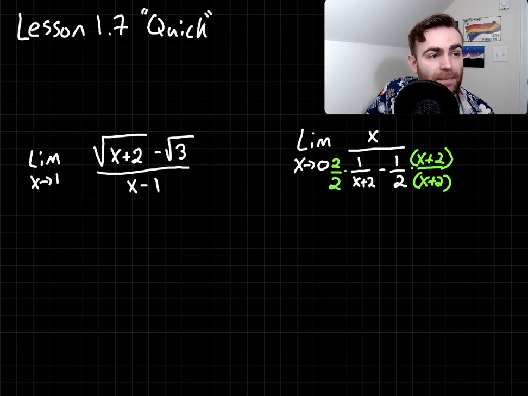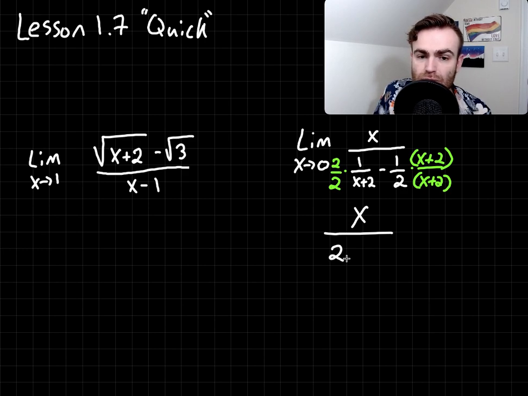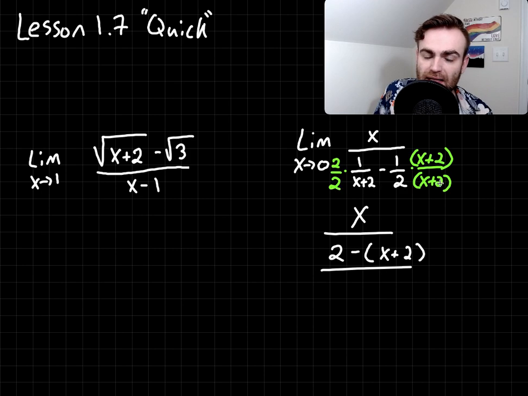And what happens there? Well, that x in the numerator just stays there, and we're going to have 2 minus x plus 2 over, and the denominator should just be 2 times x plus 2.